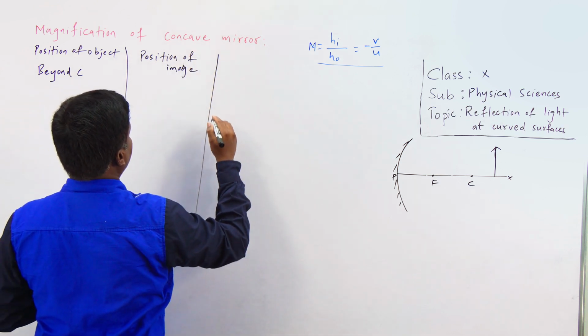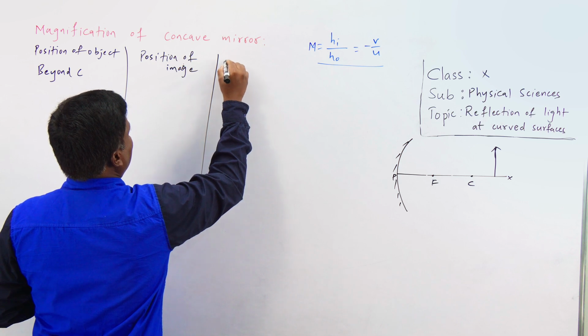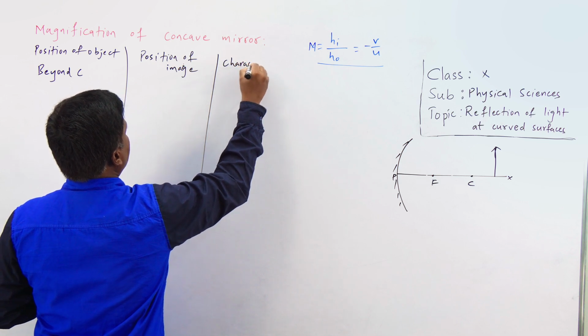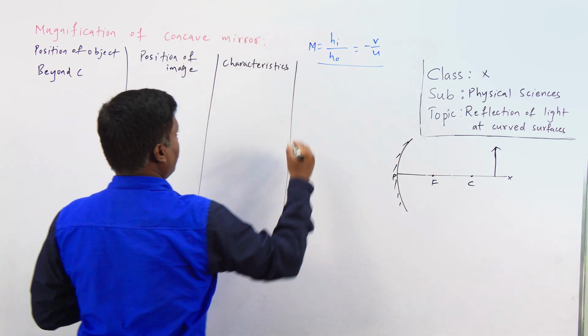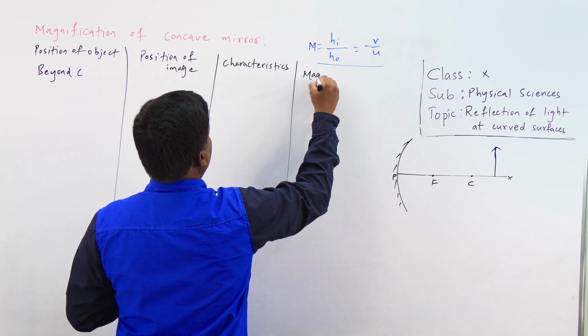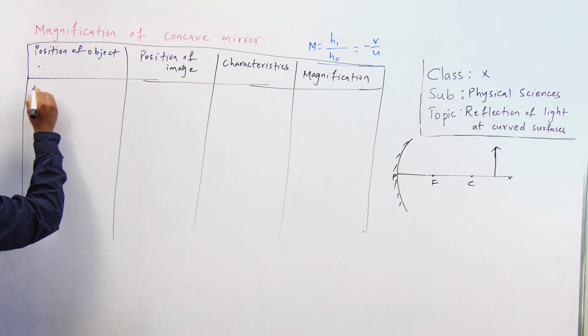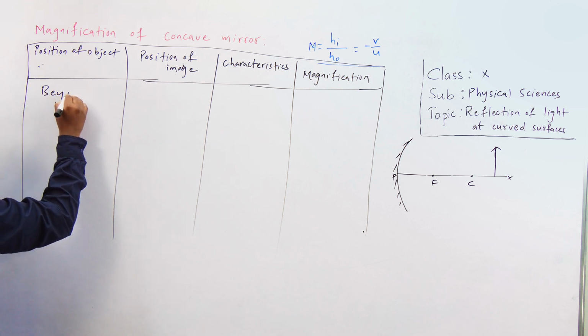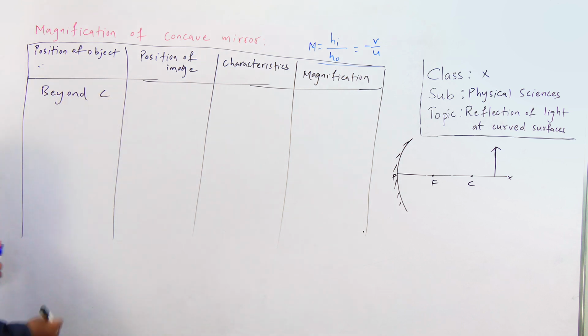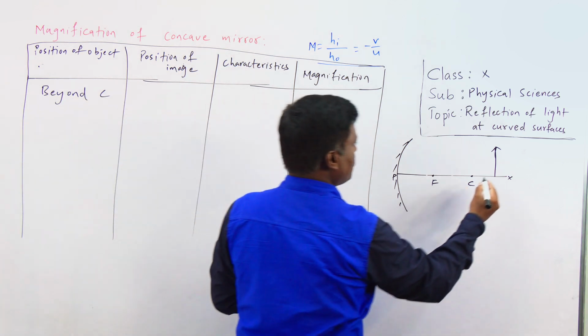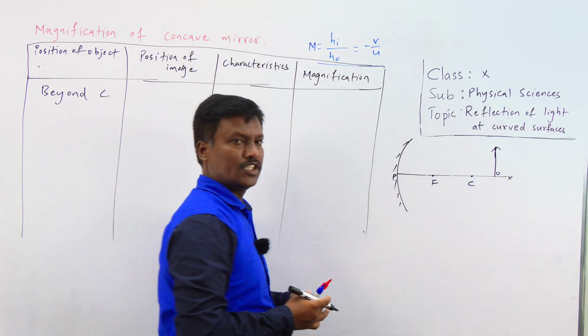Next, characteristics of the image. Finally, the magnification value. We are going to discuss one by one. Let's say the object is placed beyond the center of the curvature.